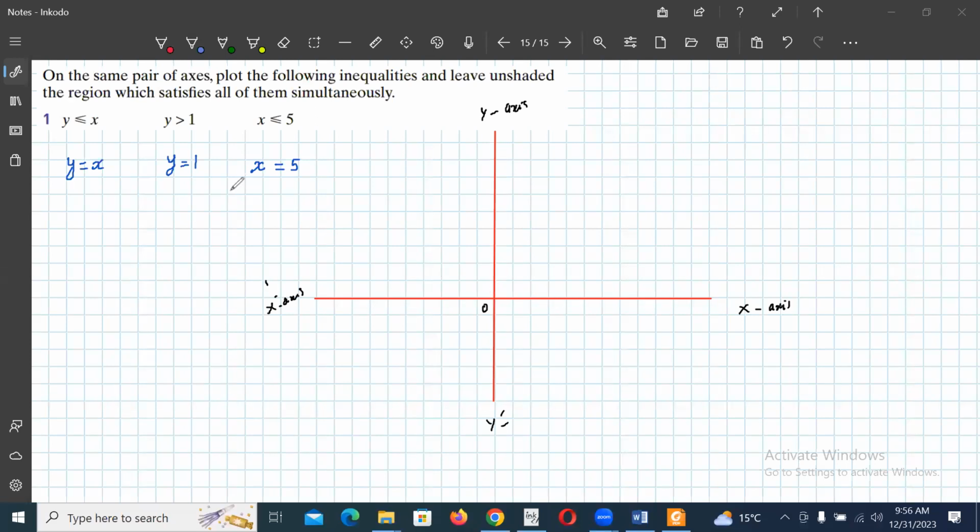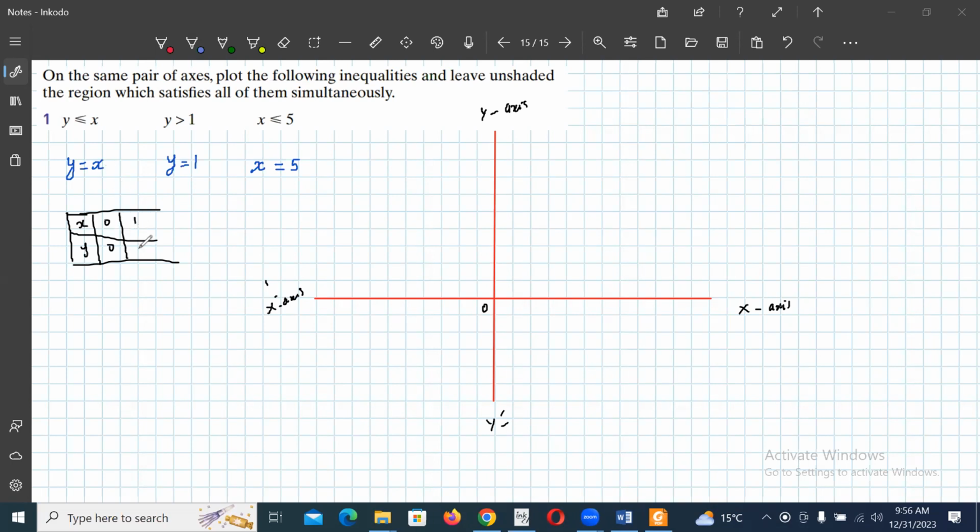So if I plot the first one, y is equal to x, the values of x and y are equal. If you draw a table for the sloping line, x and y are equal. Suppose if x is 0, y is 0. If x is 1, y is 1.